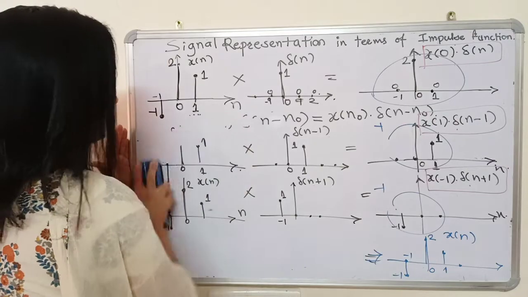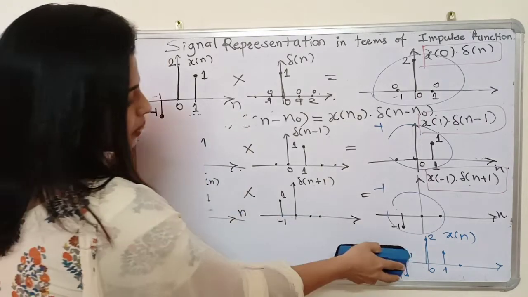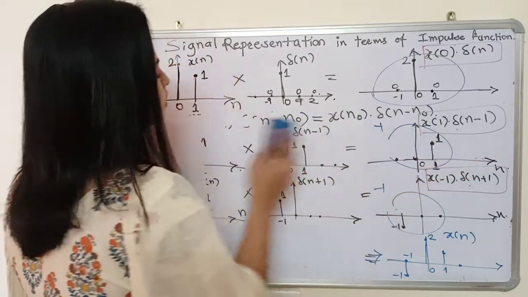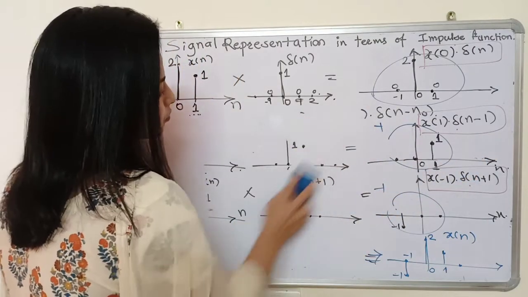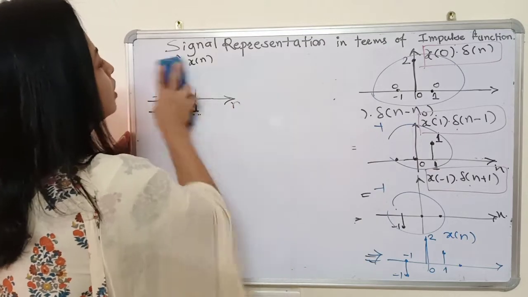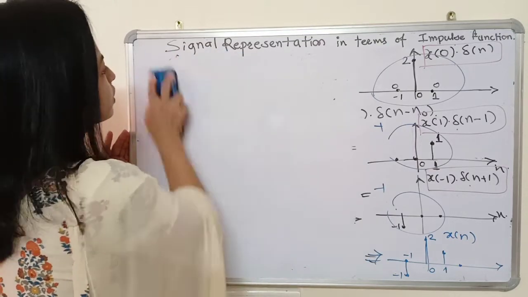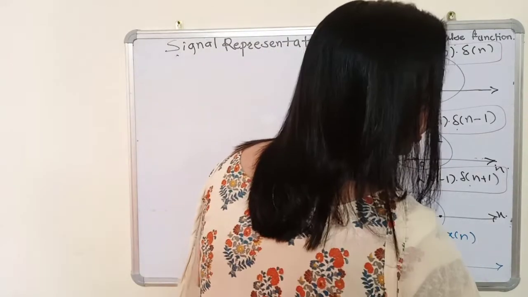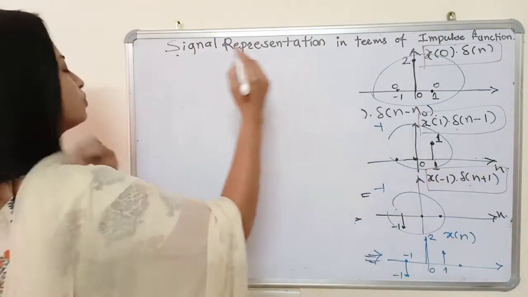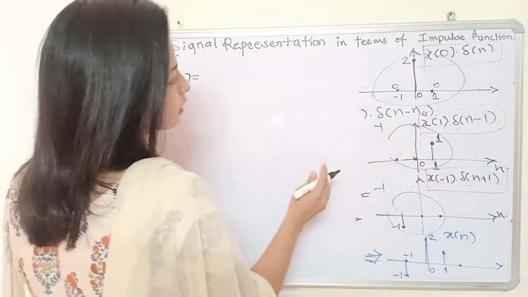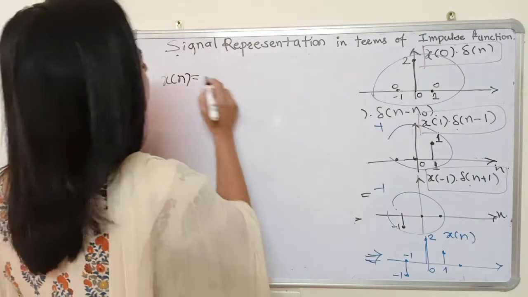So let us write this signal in terms of x of n multiplied with the shifted versions of del of n. So in our case, we'll start from the leftmost sample.